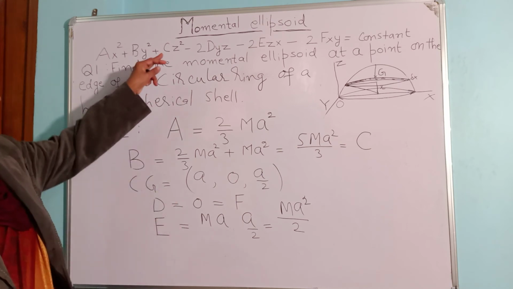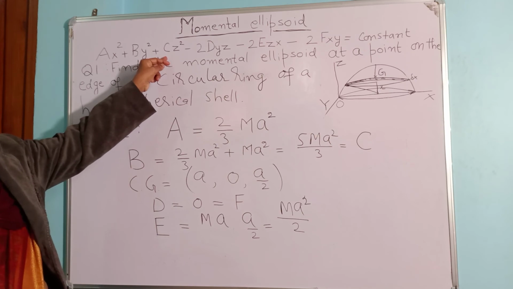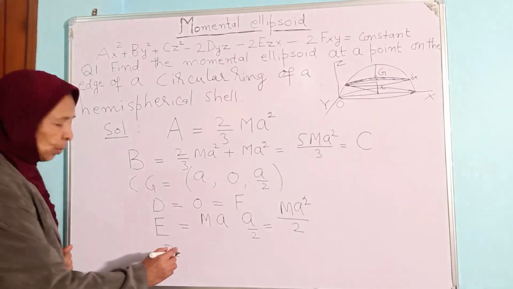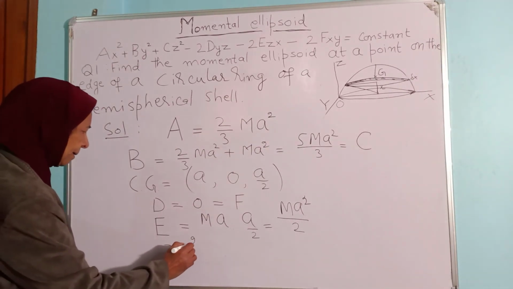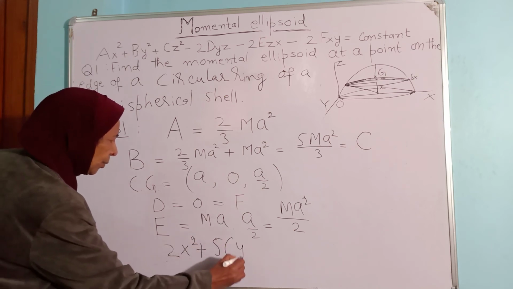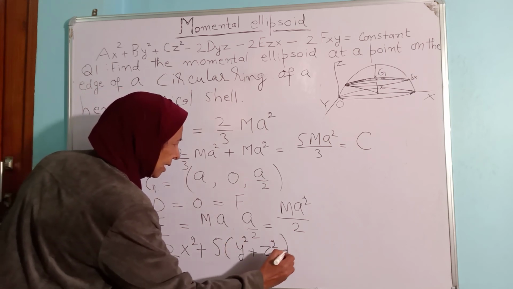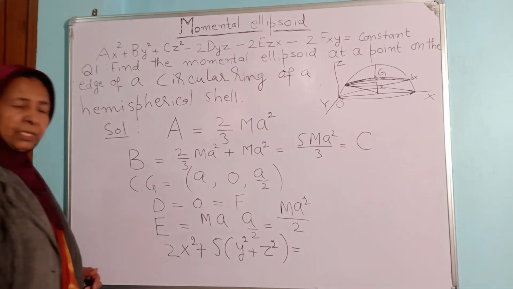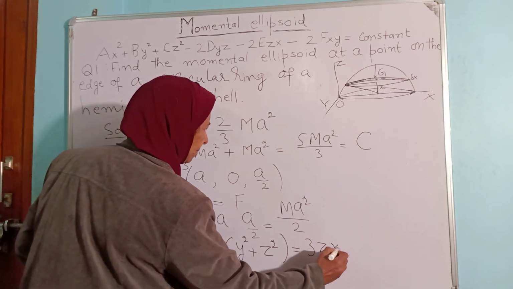You can put the values here, solve it. You will get the required momental ellipsoid as 2x square plus 5 y square plus z square is equal to 3zx plus constant.